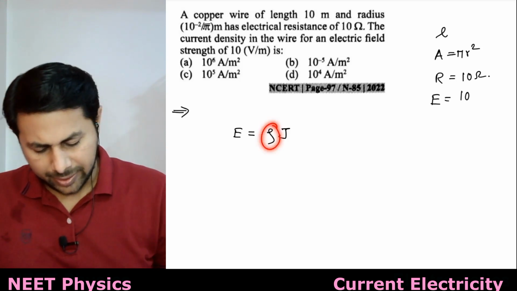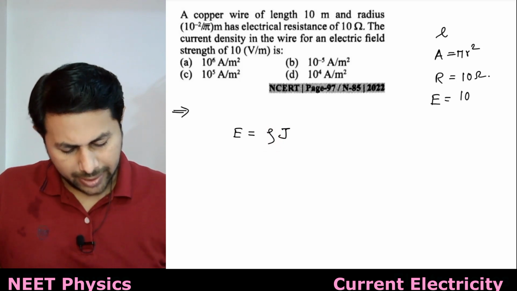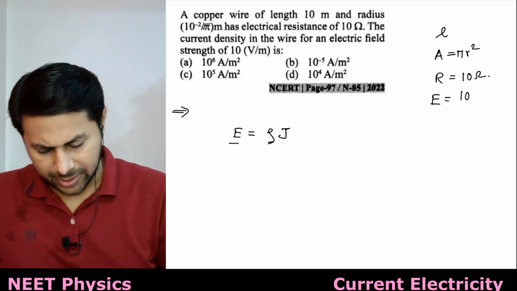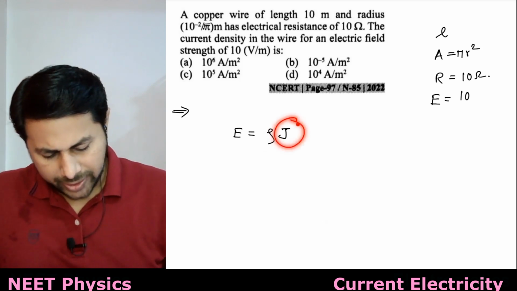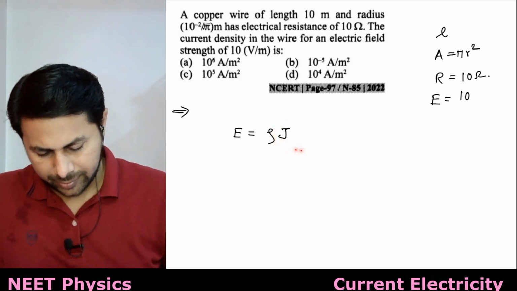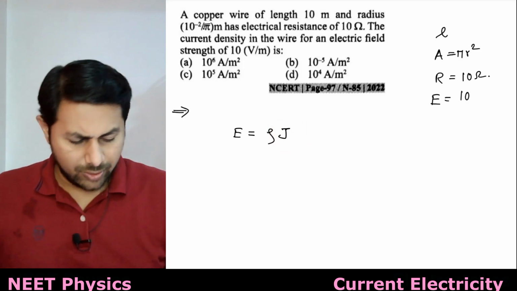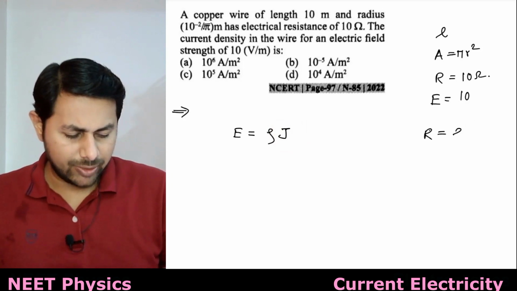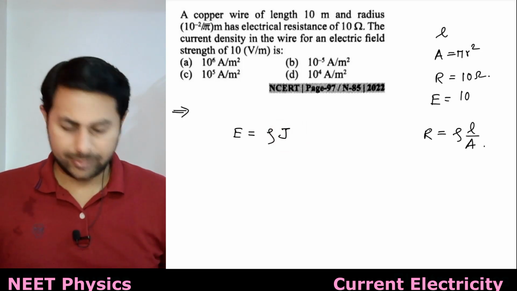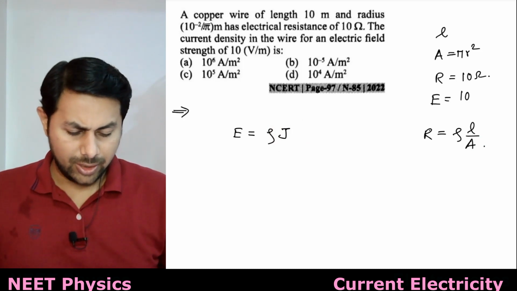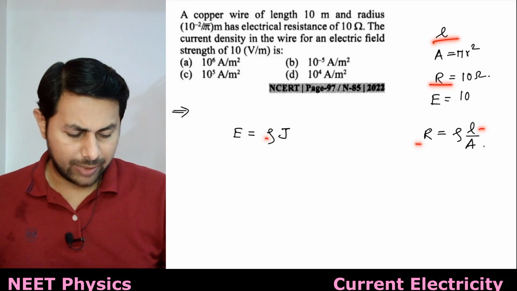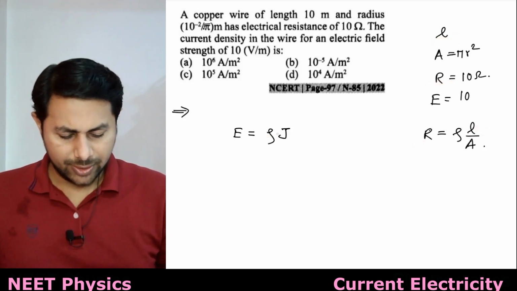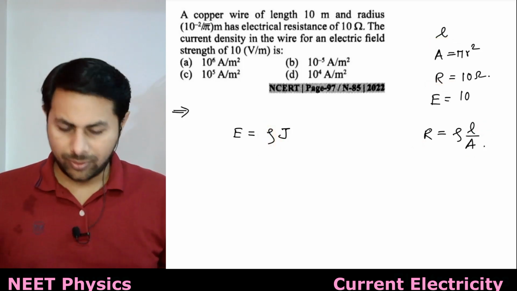The question is, what is J? Now you have the relation R is equal to rho times L by A, and we don't know rho, but we know R, we know length, and we know area of cross section. So we can substitute for rho.